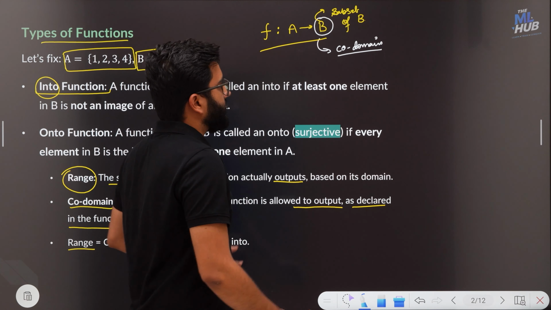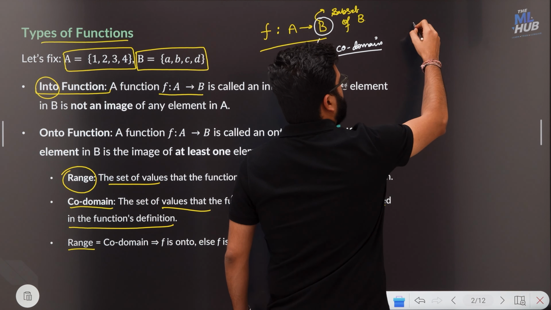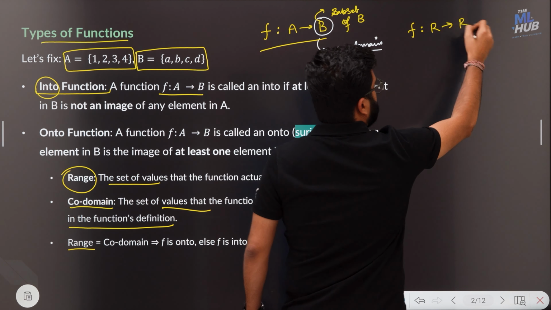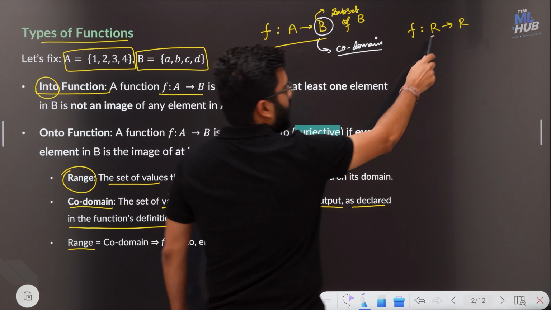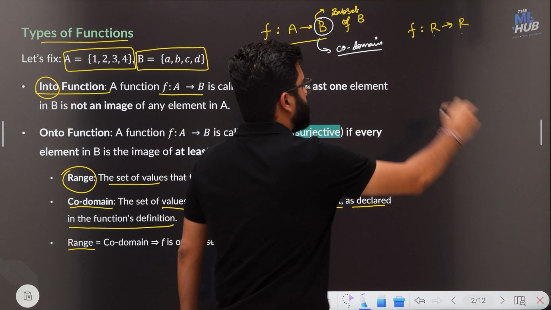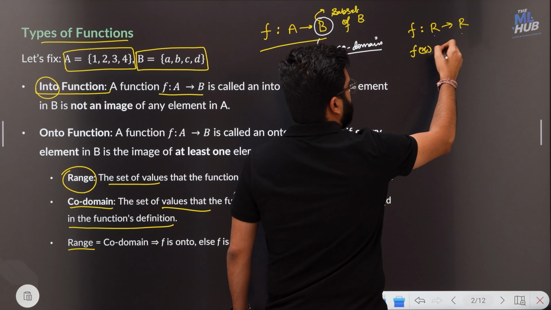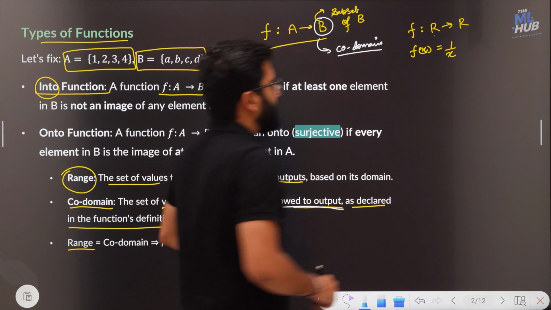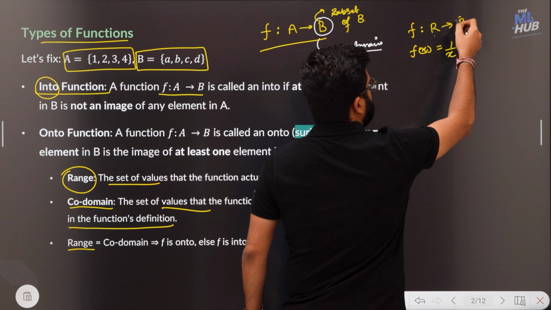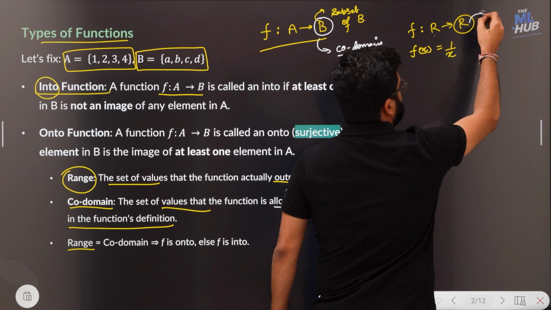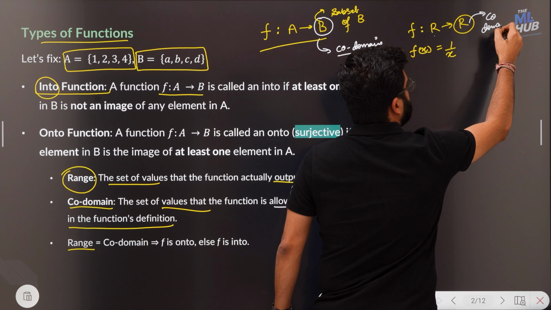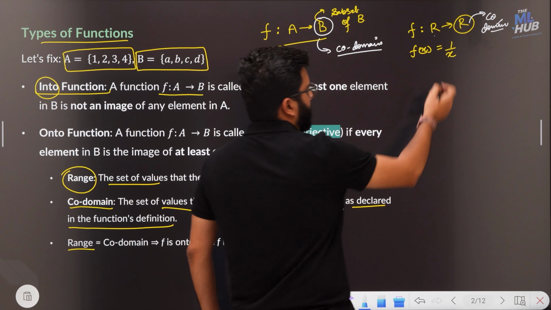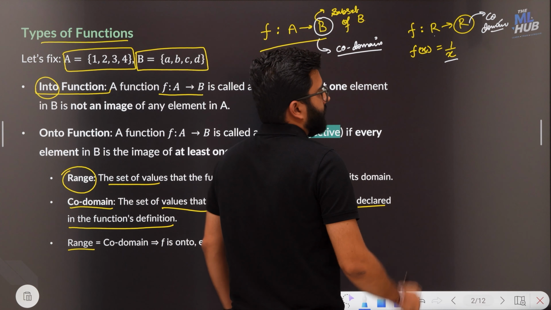For instance, just for reference, suppose a function f is given to you from R to R, from all real numbers to all real numbers, and the function is defined as f(x) = 1/x. Here, since f is defined from R to R, this R will be the codomain. Seeing the function's definition, we can definitely say that x = 0 is not defined, right?